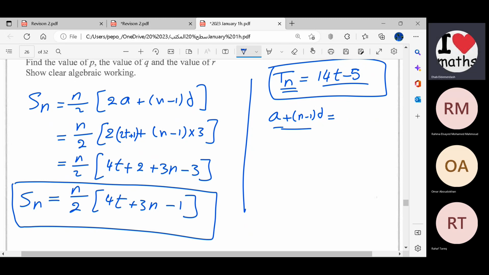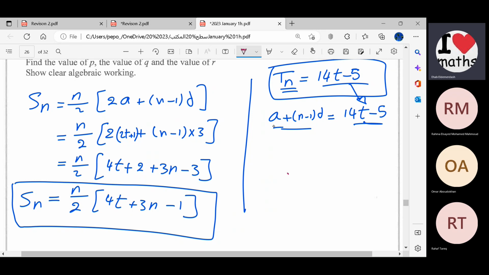On the other hand, I have the last term or the nth term, and I know the formula of the nth term is equal to a plus n minus 1 times d. This is equal to 14t minus 5, right? I can do the same. I can replace a and I can replace d. Whatever I can replace, I will replace.